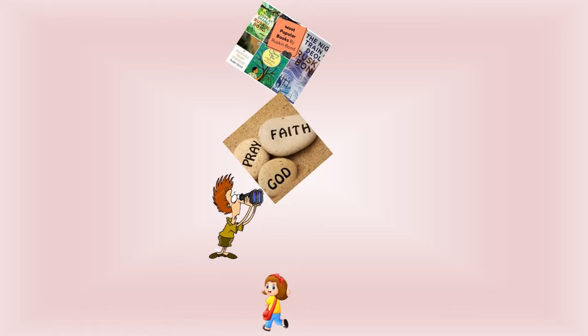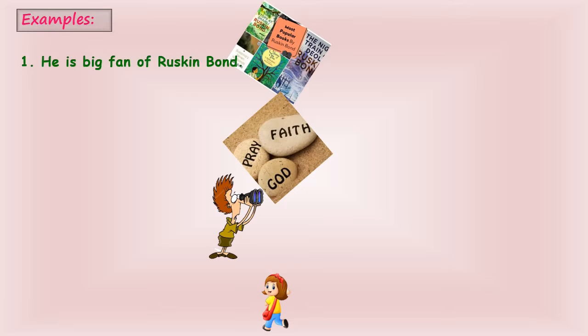Now children, let's take a few more examples of personal pronouns. The first, he is a big fan of Ruskin Bond. So what is the pronoun here? He is a pronoun. What kind of pronoun is this? Third person personal pronoun. Is it clear?